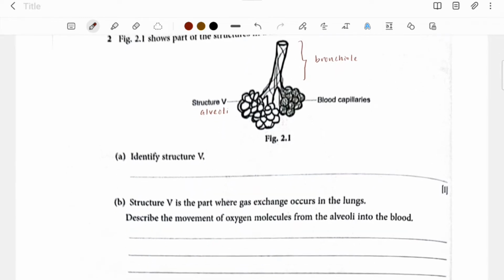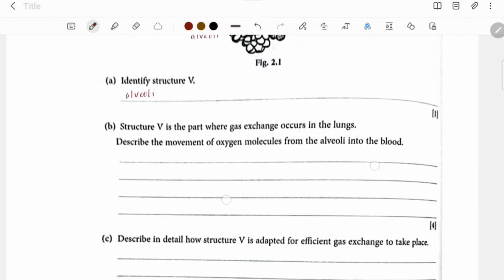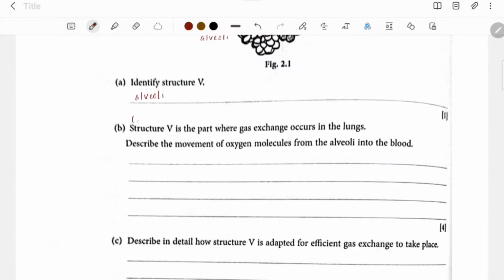Okay, so this one is alveoli, and then after that, structure V, write down first: alveoli is part of the gas exchange occurs in the lungs. Okay, they already give you the function.